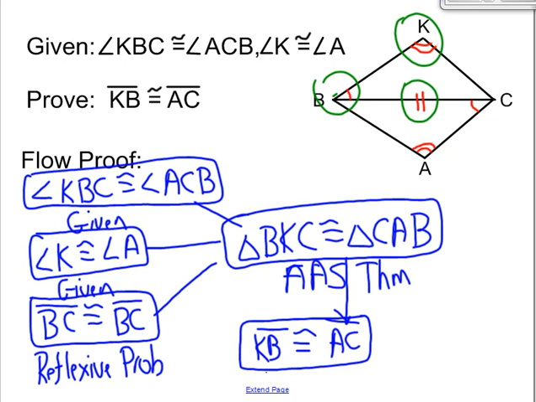Because corresponding parts of congruent triangles are congruent. Okay, so I've proven those two are in fact congruent, and I probably should go ahead and mark them as congruent. There we go.